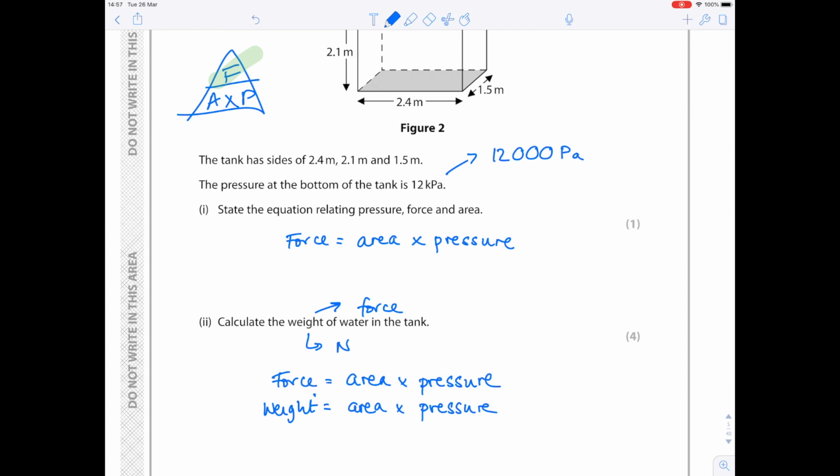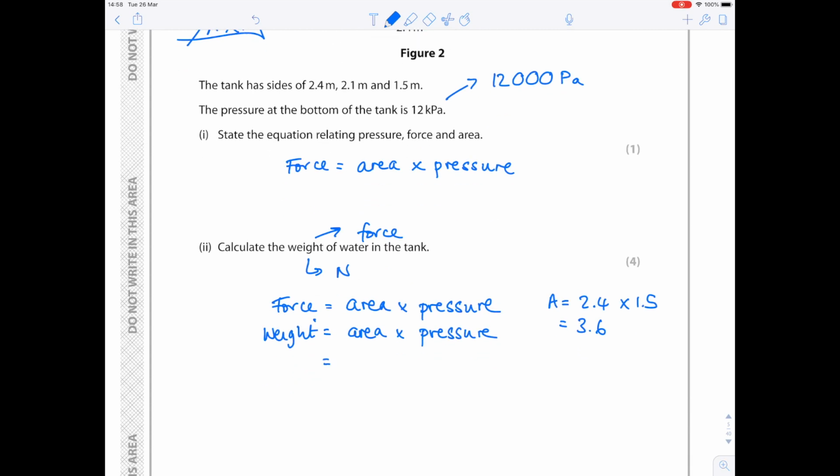The crucial area is this area highlighted here. So to work out that area, we do 2.4 multiplied by 1.5 to get an area of 3.6. Then we can substitute in that value as 3.6 multiplied by that pressure, which I've already converted to pascals. And once you've done that, you get a weight of 43,200 newtons.